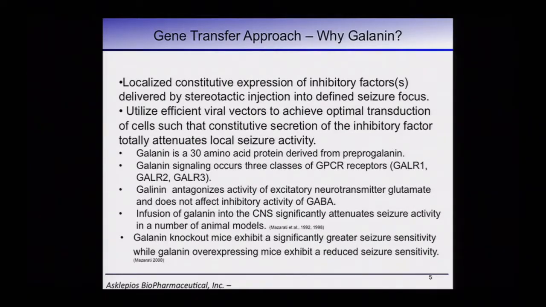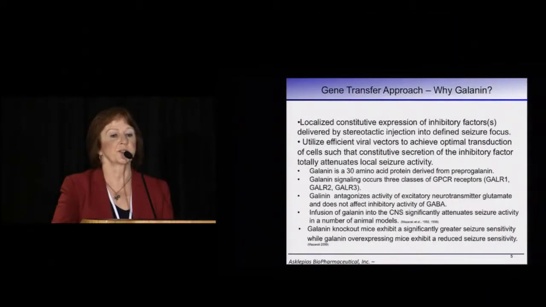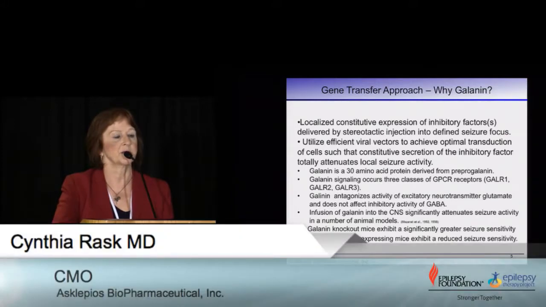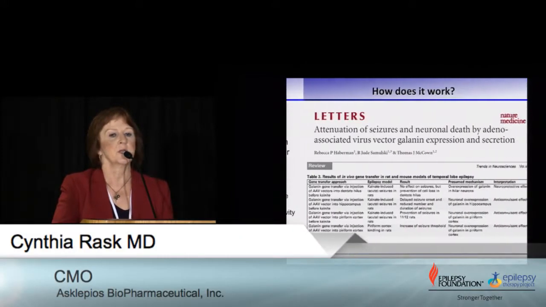Galanin knockout mice exhibit a significantly greater seizure sensitivity, whereas if they overexpress Galanin, they have a markedly reduced seizure sensitivity. There have been a number of publications since about 2000.